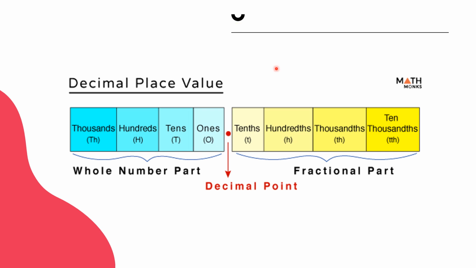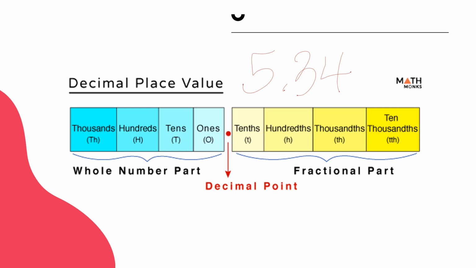If you had, let's say you had 5.34, if I'm reading this out loud, I would say 5 and 34 hundredths. Right, so the 4 is in the hundredths, so I would say 34 hundredths.